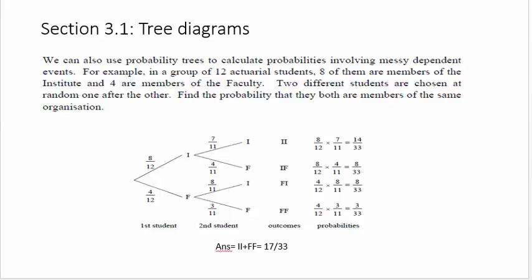What is different in this question from the earlier question is that the probabilities change at every step. Initially the probability is 8 by 12, as 8 are students of the institute.